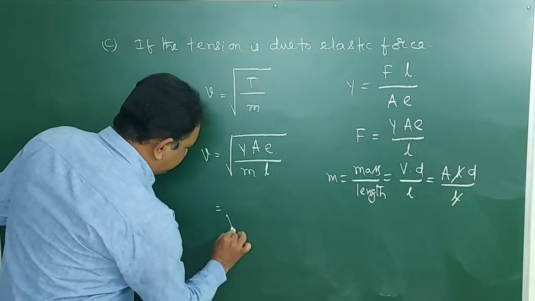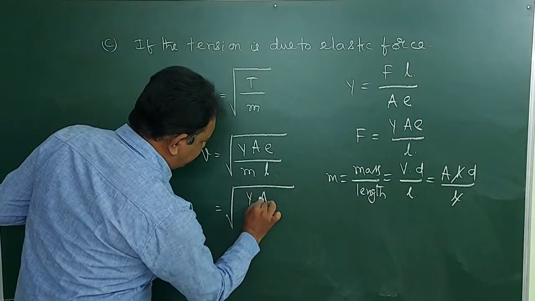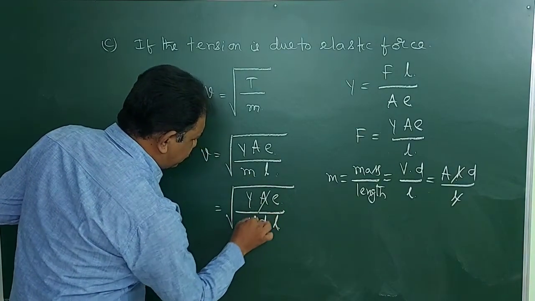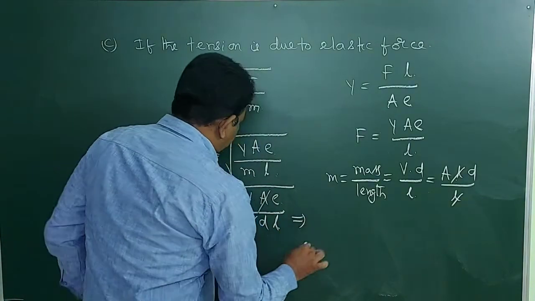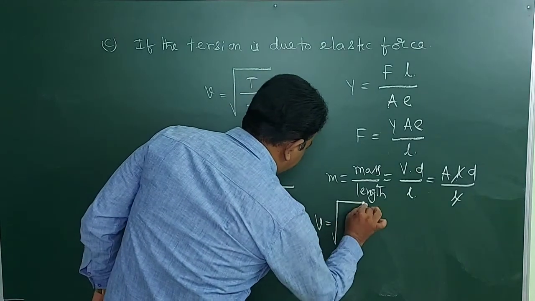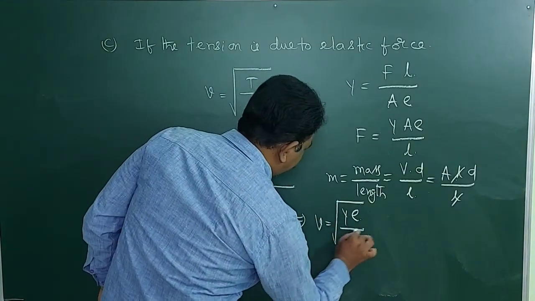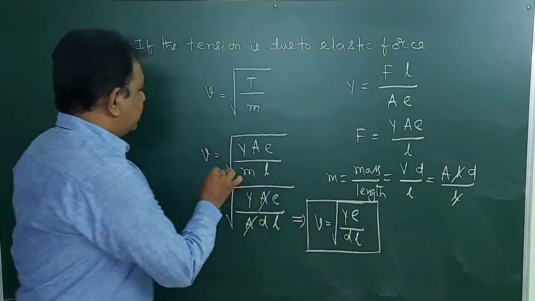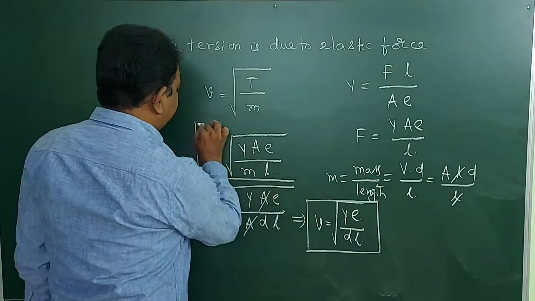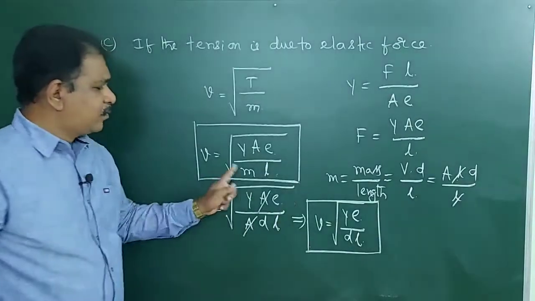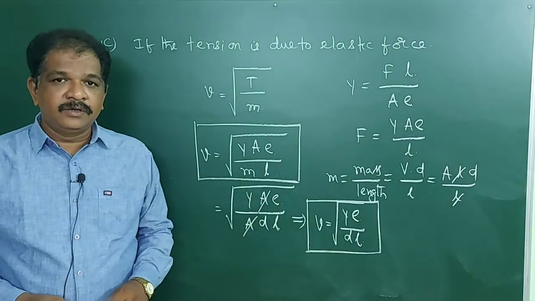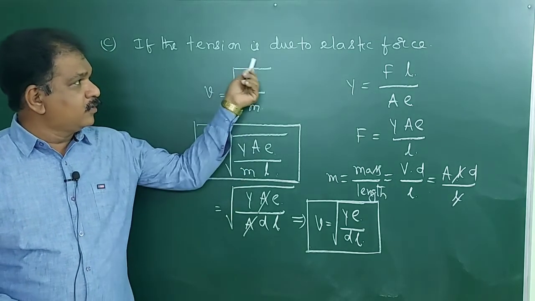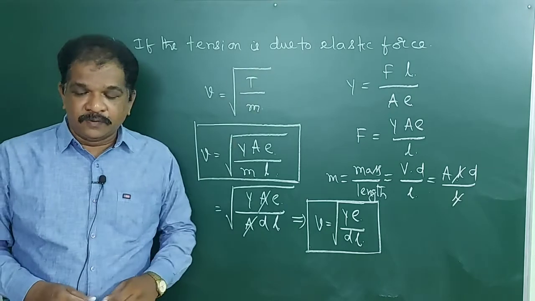So this is YAe by A d L. These two cancel. So V is equal to square root of Ye by dL. We will use this formula to find the velocity if the tension arises due to elastic force.